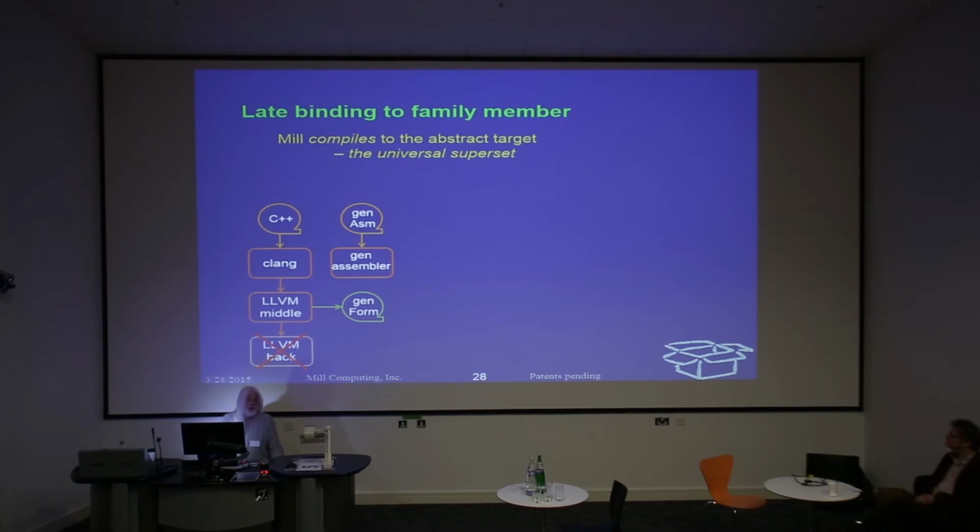GenAsm is actually a data flow language. It does not look like assembler at all. You are writing data flow. At the source level, it is single assignment. The GenAsm assembler will produce the same gen form that the LLVM toolchain produces. And that goes into a link step.